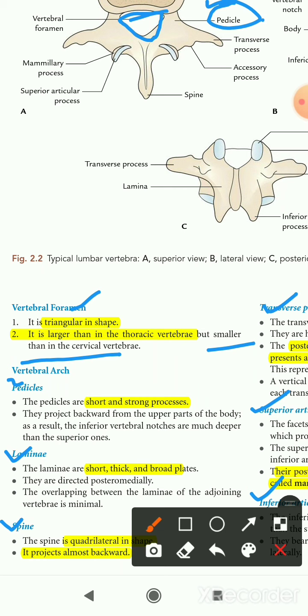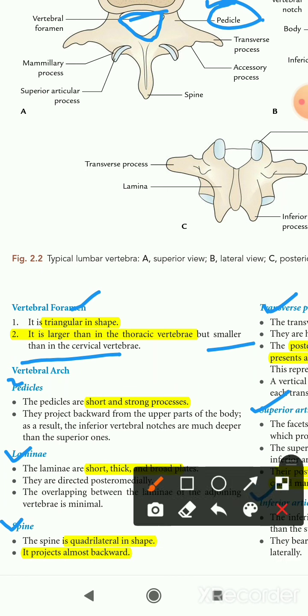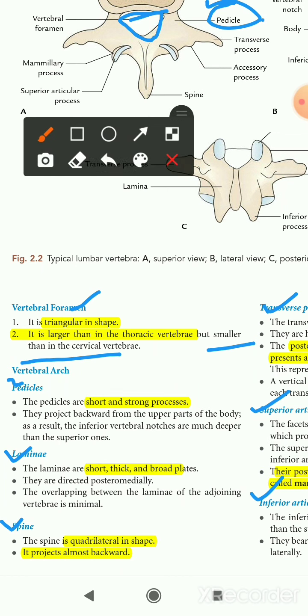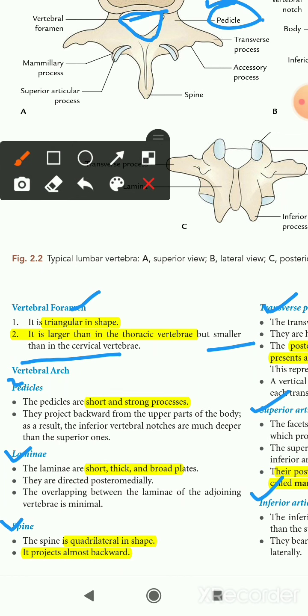And the laminae are short, thick and broad plates. The most important difference is in the spine. The spinous process of the typical lumbar vertebra is quadrilateral in shape, and it projects almost backward. You can see the spinous process is almost quadrilateral in shape.